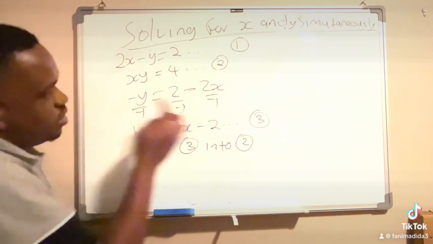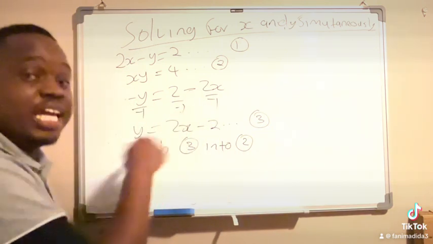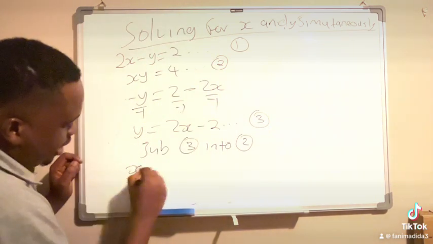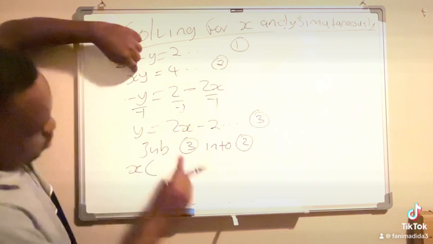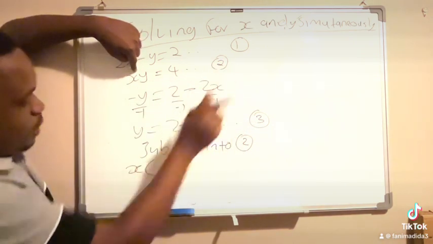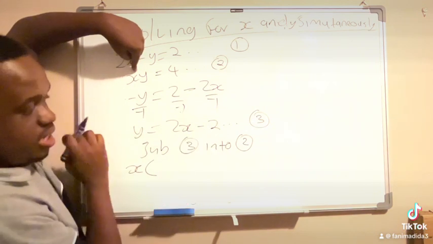The new equation that's going to be formed is going to be in terms of x. So we substitute equation 3 into equation 2, meaning that wherever we see the y over here, we put the 2x minus 2.